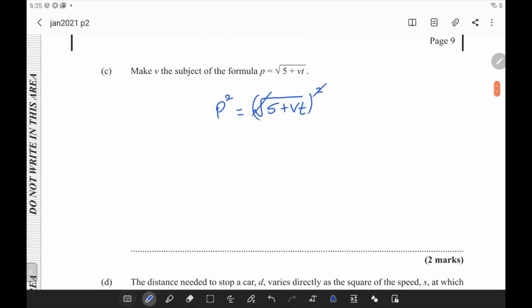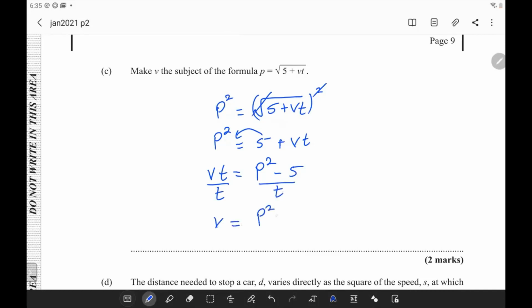The square and the square root cancel, so we have p squared is equal to 5 plus vt. And solving for v, we could minus 5 from both sides. So we have vt is equal to p squared minus 5, and finally dividing by t, we have v is equal to p squared minus 5 over t.